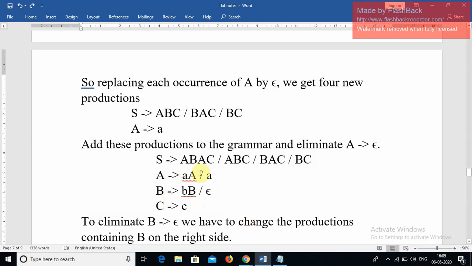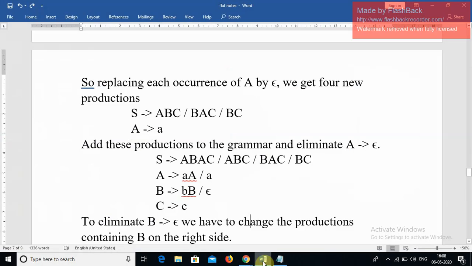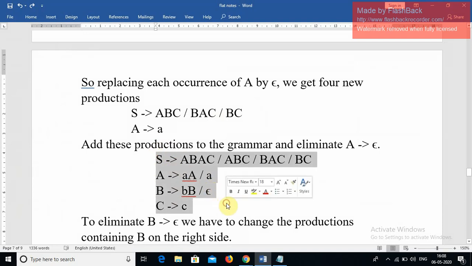So already we have S to ABAC, and this part is from the removal of the A to epsilon null production. So here also we don't have epsilon, we have only A alone.